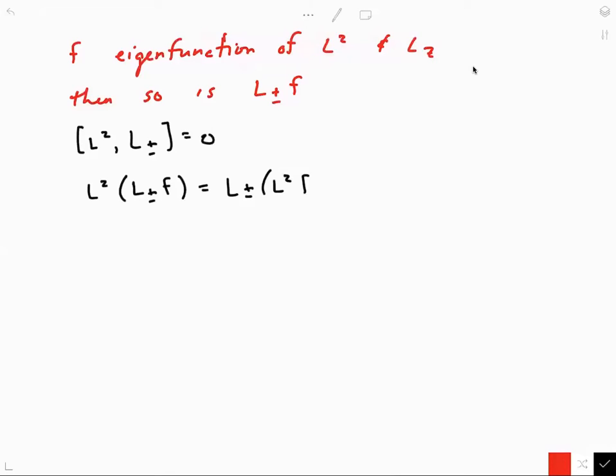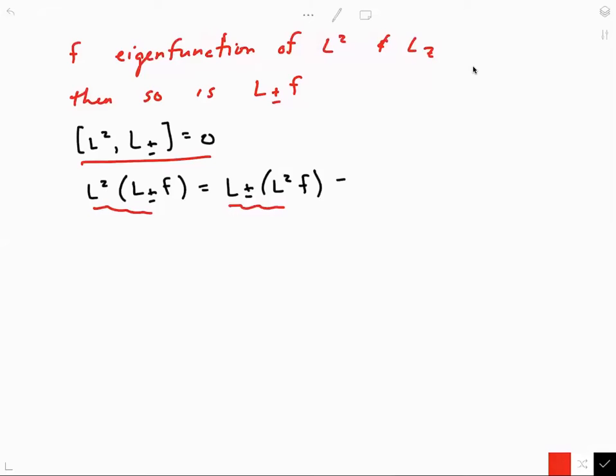Remember, these L's are operators. They're doing some sort of operation on that function f, but it doesn't matter which one we apply first. This statement says that there is no difference in the order that we apply them.